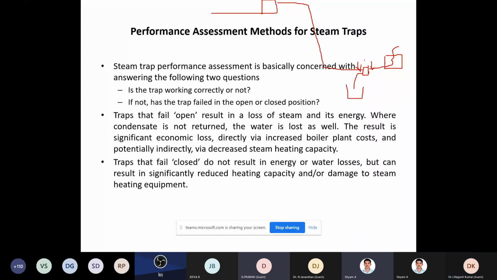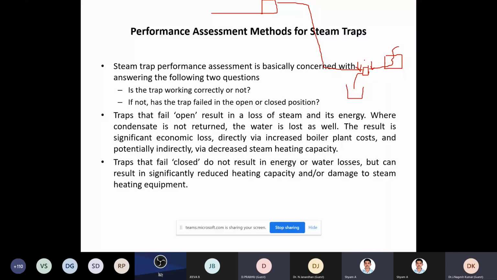Ideally, when steam condenses and only condensate is coming, the condensate temperature will be lower compared to steam. This difference is used in this kind of infrared detection of steam trap working.